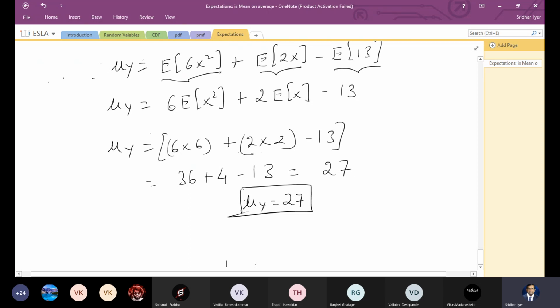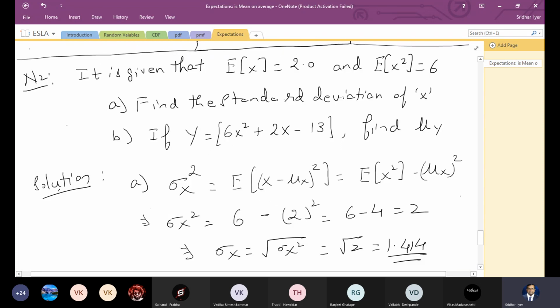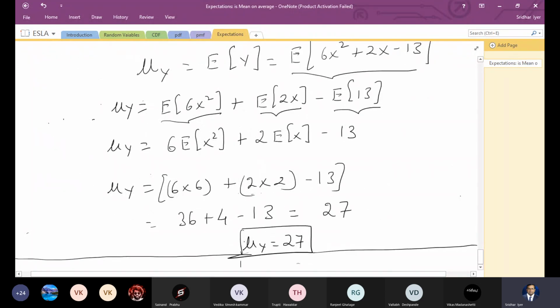So you can see that we were given a random variable x, and we were given a new random variable y, which is related to the old random variable x, and using the information from that random variable we could find the mean value of y, right?